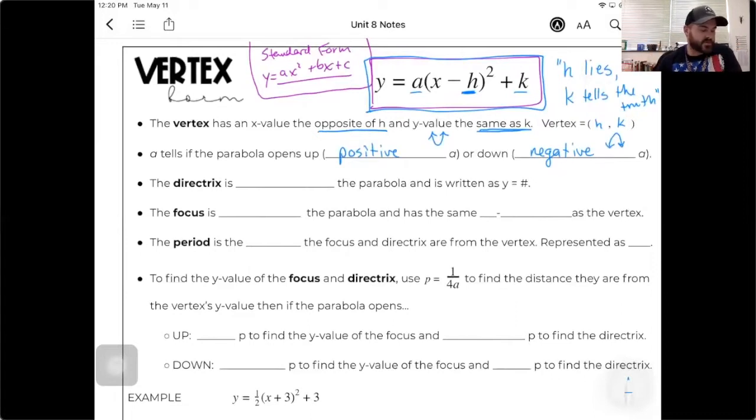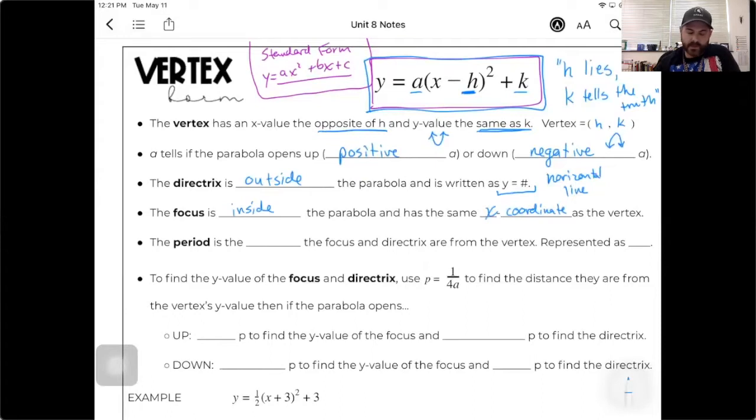So the directrix is always outside the parabola. It's either above or below, and it's outside. And it's always written as an equation, y equals a number, because it's a horizontal line. But the focus is a point inside the parabola and has the same x coordinate as the vertex.